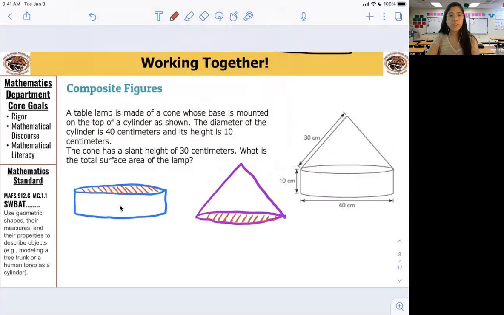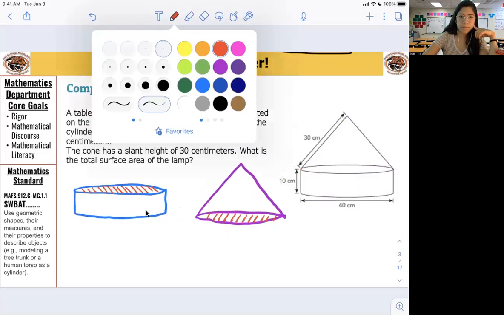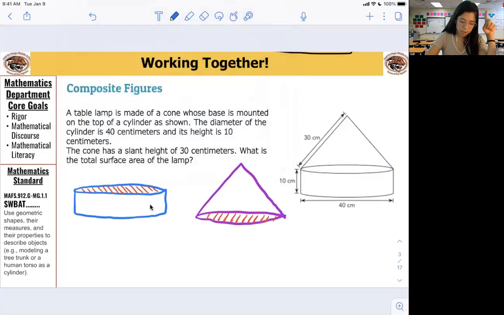Let's break it down. So in my cylinder, I am going to be calculating the lateral area, the outer portion, the sides, plus how many bases. Am I counting both bases or just one? Just one. So the surface area of the cylinder is going to be the lateral area plus one base.